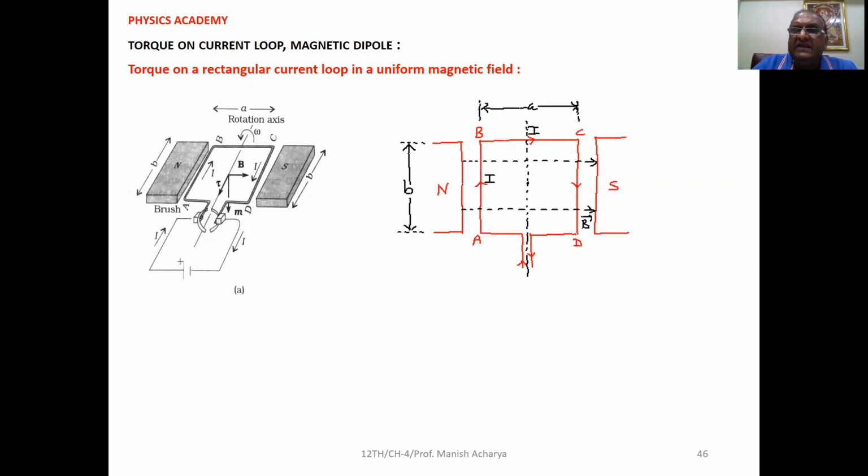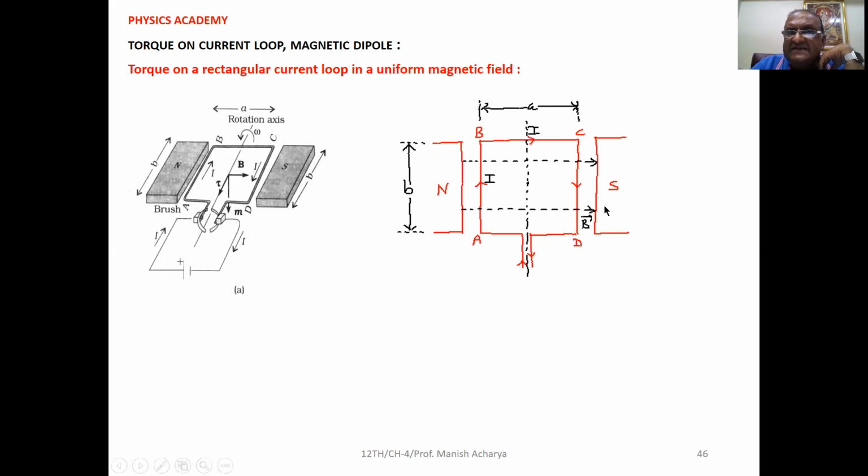So, the area vector of the loop. For any surface, when we represent its area by a vector, then its area vector is represented perpendicular to the plane of that particular surface.